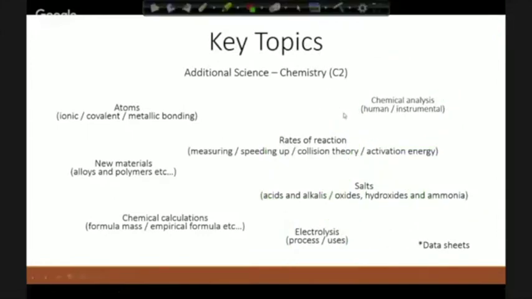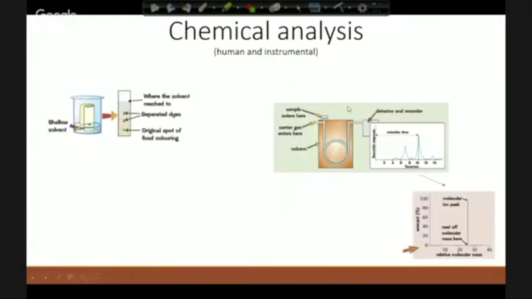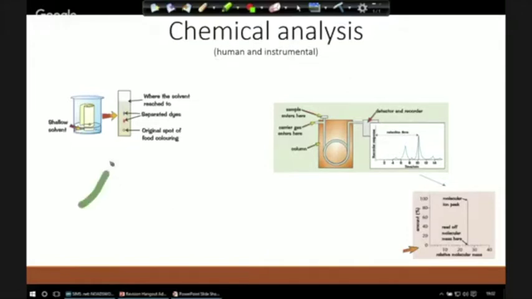So the first topic we're going to look at is chemical analysis. And this comes in 2 parts in our GCSEs. The very first is the classic chromatography, chemical analysis which can be done by hand. Now, essentially in chromatography, we have ourselves the following setup.